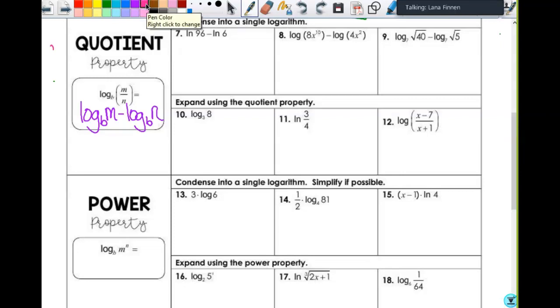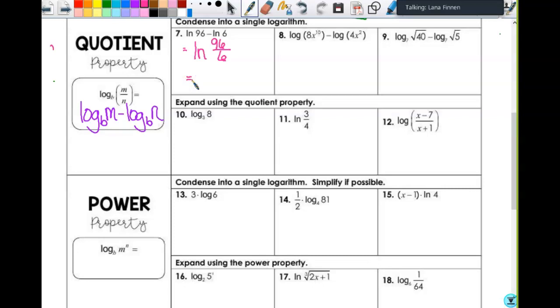And vice versa, meaning if I have subtraction, I can change it into a quotient. So that's what it's asking me to do in number 7. I have the natural log of 96 minus the natural log of 6. So that's a difference, which means I can make it into the natural log of 96 divided by 6.